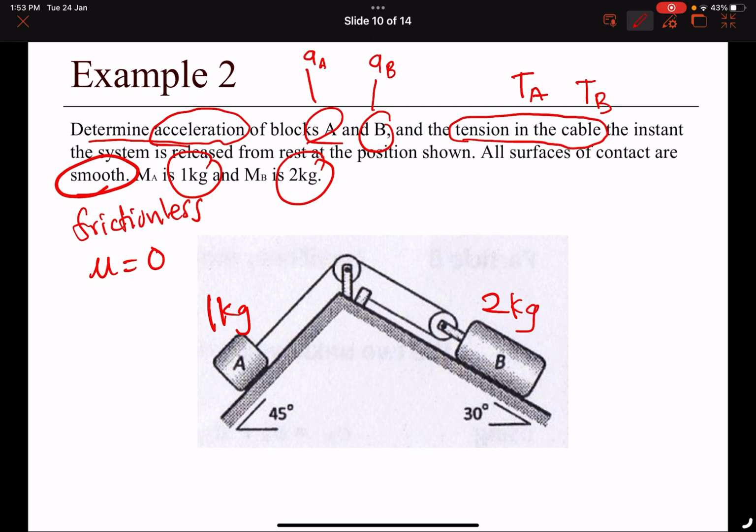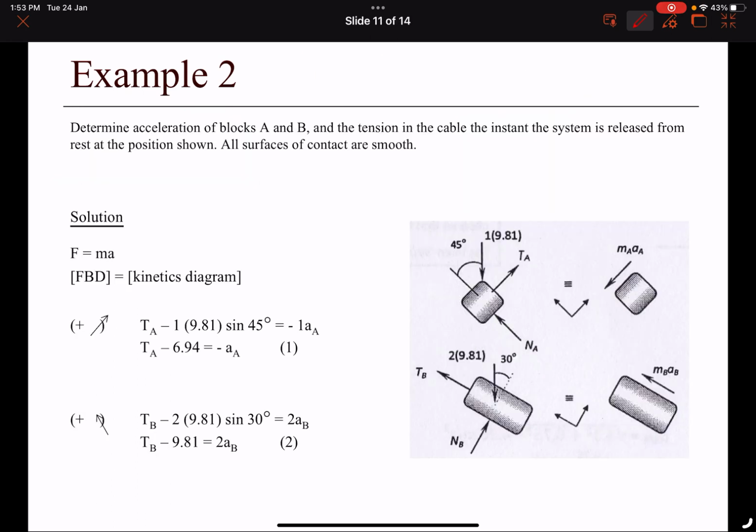What you have to do, the first thing is the FBD. I will skip my drawing because I want to make it faster.